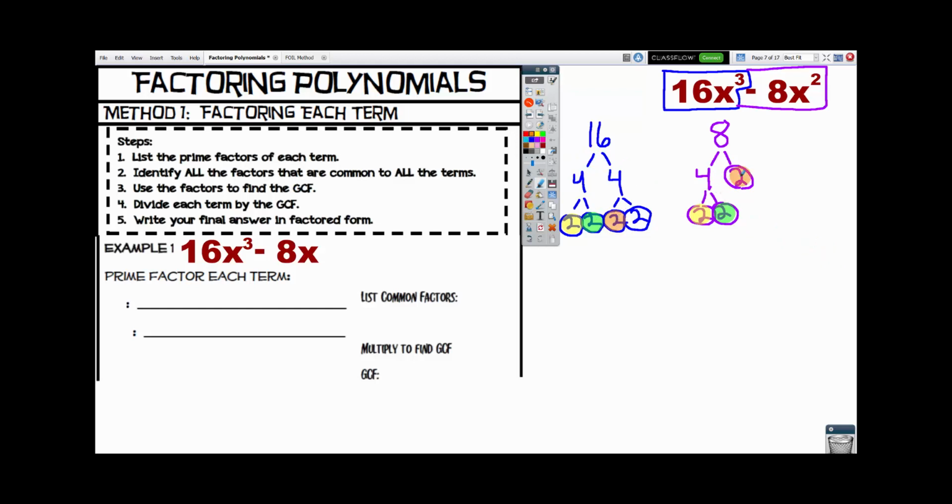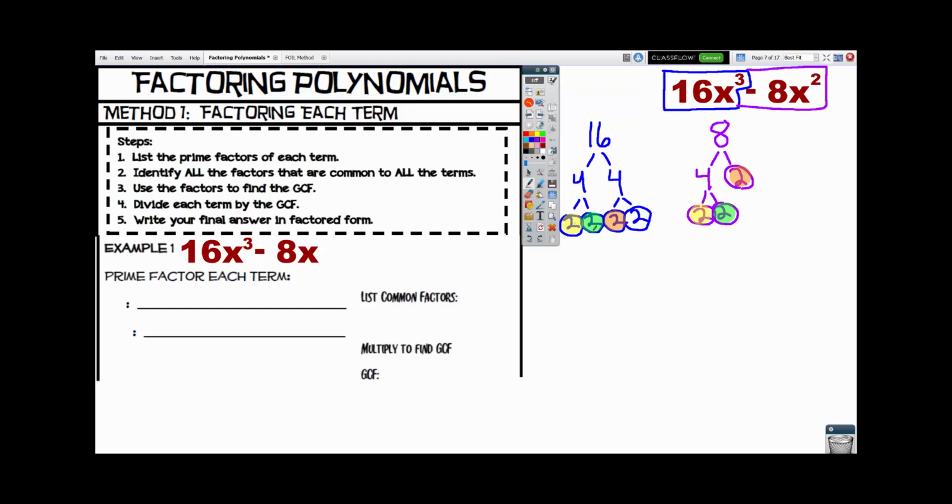And we have a third 2 that we could borrow from them. Now, the 16 here has this fourth 2, and as much as I would like to have a fourth 2, this over here, the 8, does not have a fourth 2 for us to factor out.